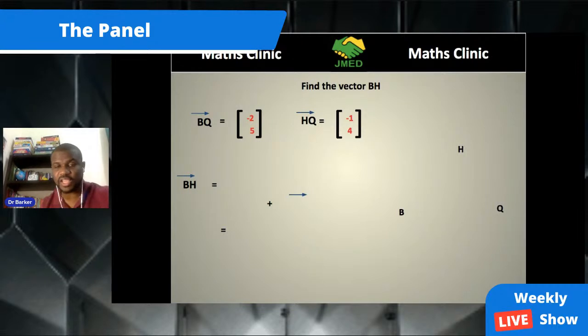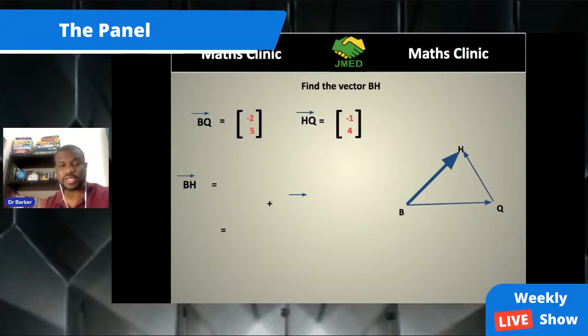This is a diagram. It's not an accurate representation, and you don't have to have an accurate representation. You just need to understand what's happening here. So B to H, we don't know, so we cannot go that route. What we do know is we could go from B to Q and then from Q to H.